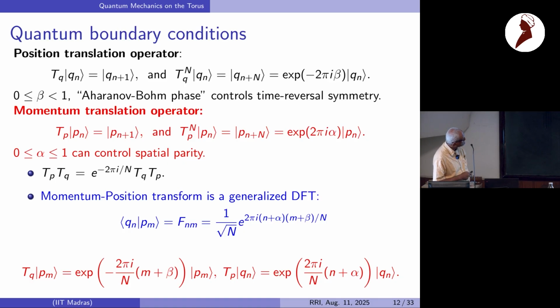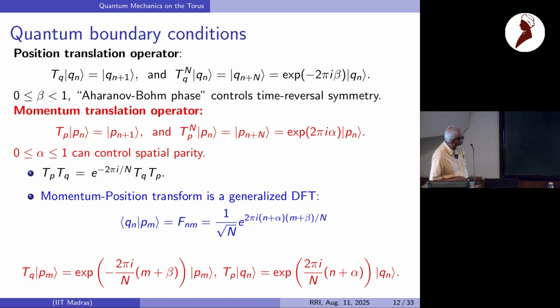These now play the role of the position and momentum operators. They don't commute, and the commutation relation takes the form of the Weyl commutation relation for finite discrete translation operators: TP TQ is related to TQ TP by a phase. You can derive the usual QP commutation relation by letting n go to infinity.